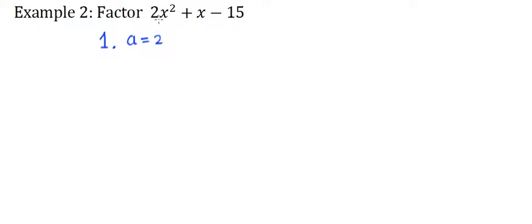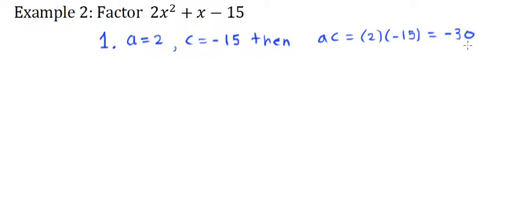A is equal to 2. C is equal to minus 15. Always take the number together with its sign. Then AC will be equal to 2 times minus 15, which is minus 30. So our AC number is minus 30 now.